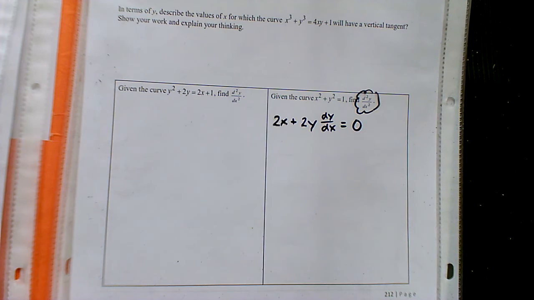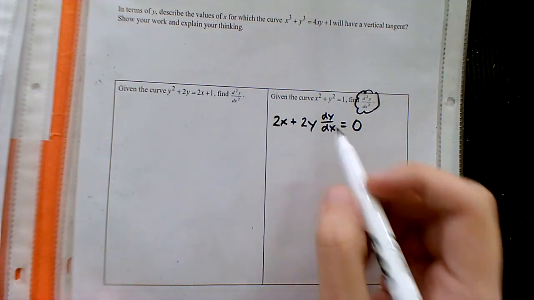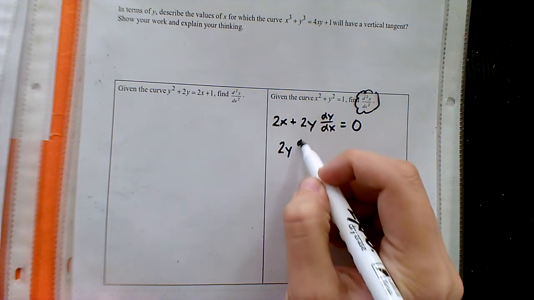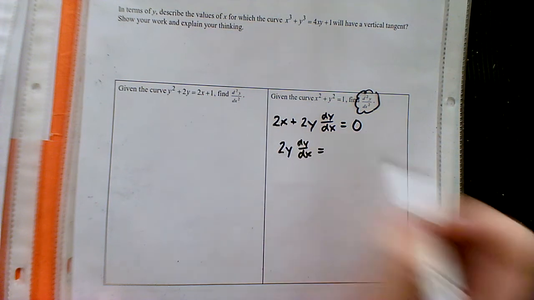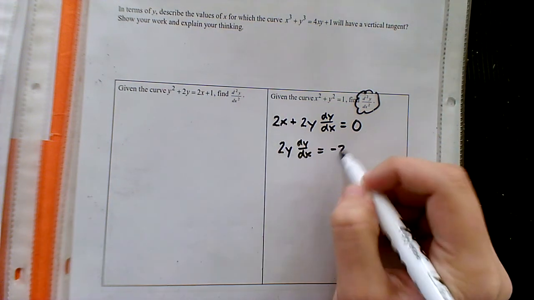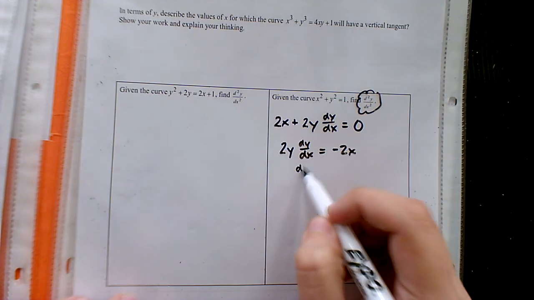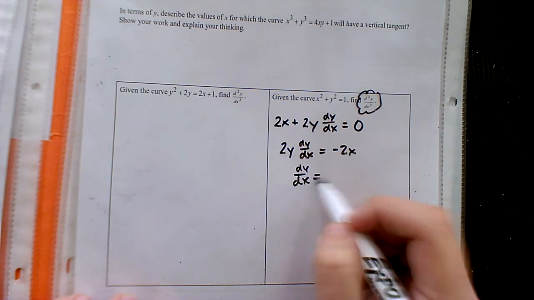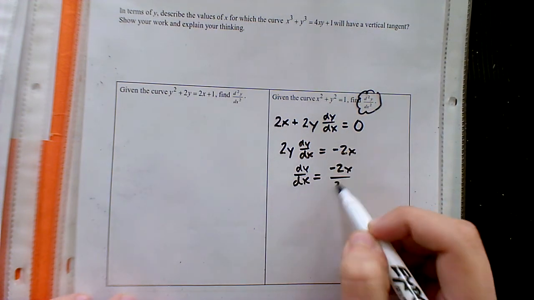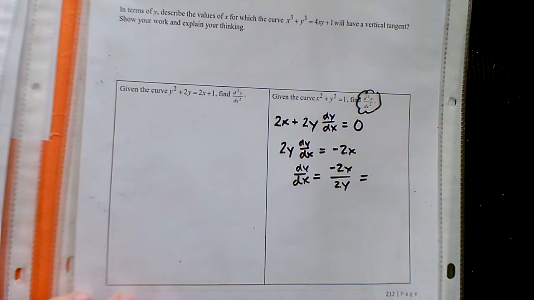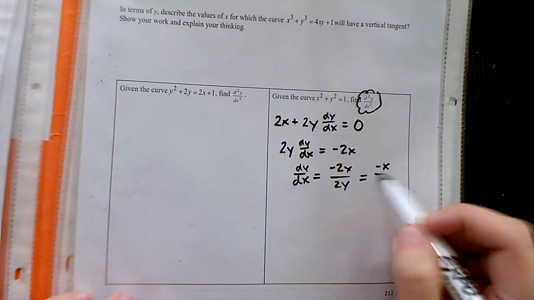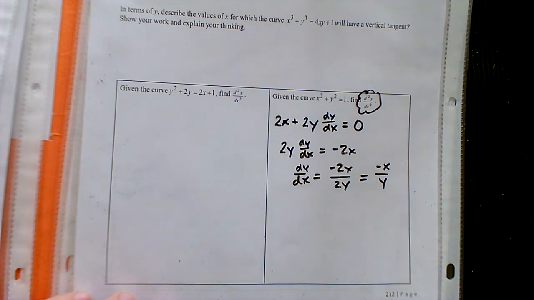All right, so let's get the dy over dx derivative symbol all by itself. Should be pretty simple because there's only one of them. Good. Okay, so we'll subtract the 2x and then divide by 2y. Simplifies to negative x over y.